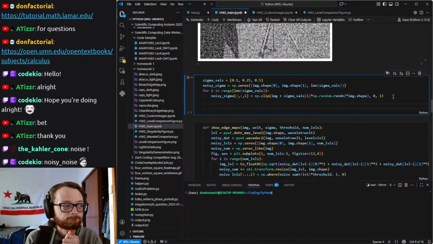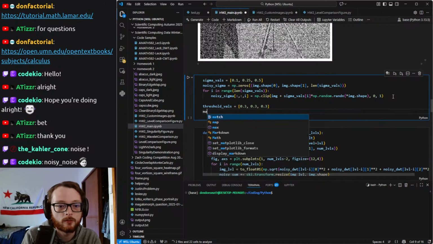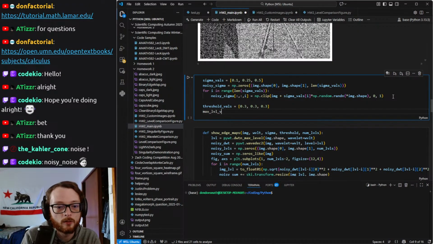I think we want flexibility to change them. Let's get each one as good as possible. So we'll have different thresholds for each, and different maximum levels for each. I think we maybe want 3, 4, and 5.